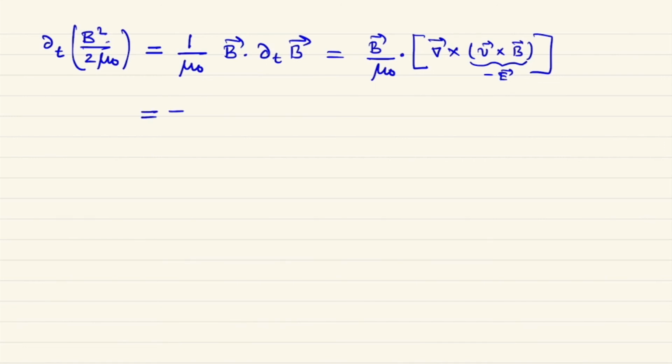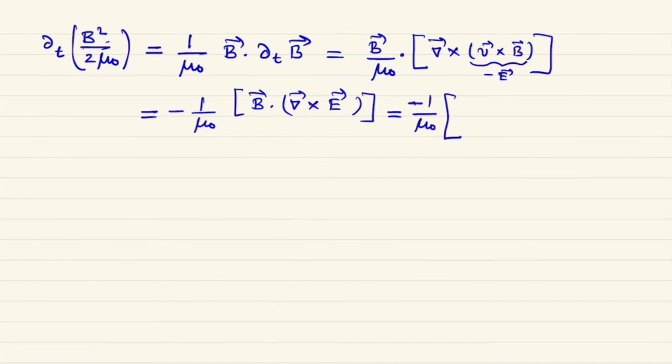I can write a minus 1 by mu 0, and then I can write this as b dot curl of e simply, and then you can write this is equal to minus 1 by mu 0, e cross b plus e dot curl of b.